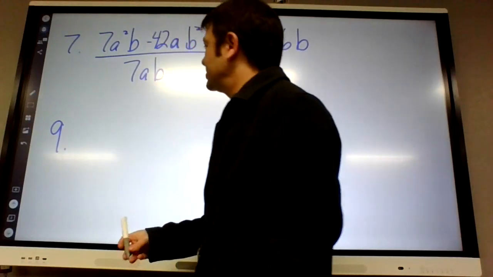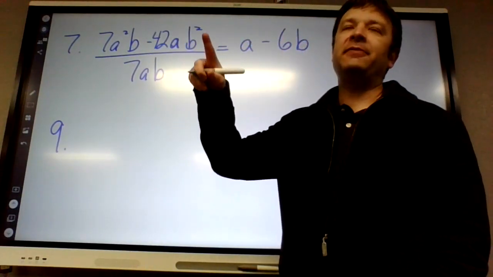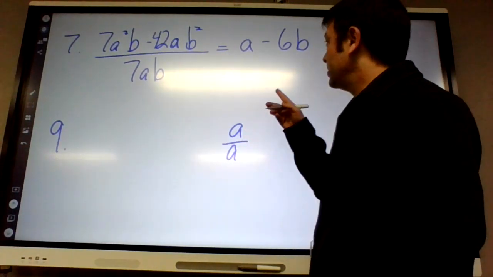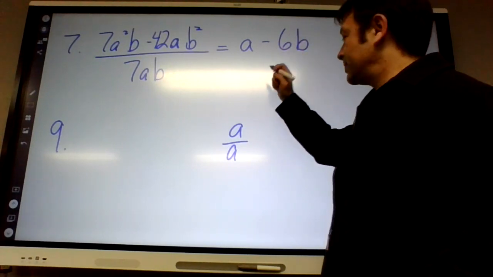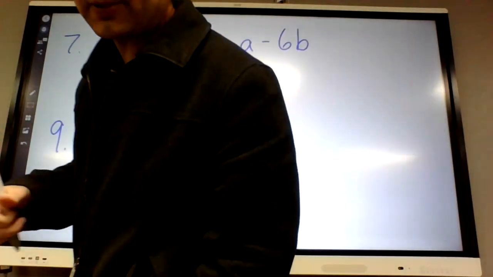Okay, it doesn't really become 0, it becomes 1. A divided by a is 1. When you have 1 times this stuff, it's just that stuff. So they just kind of disappear. They are 1, but this stuff is just that. Number 9.